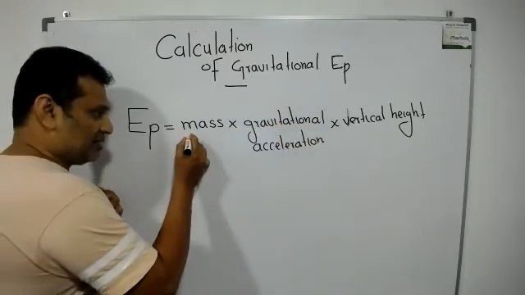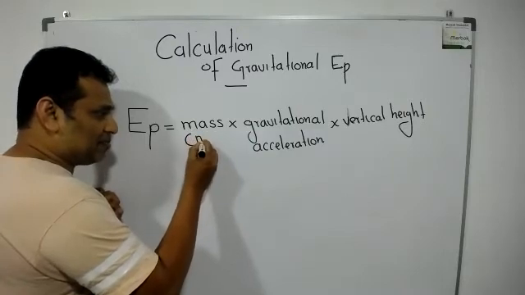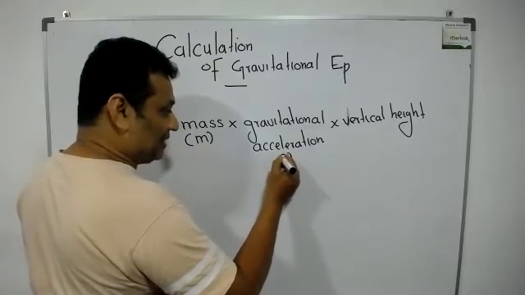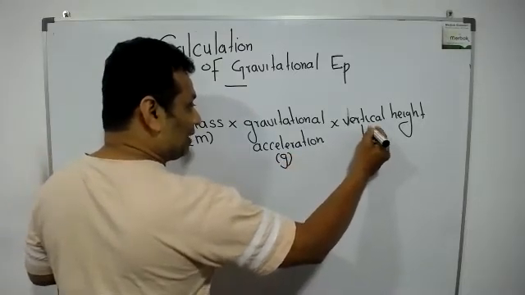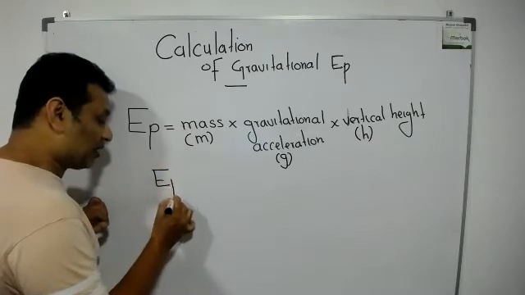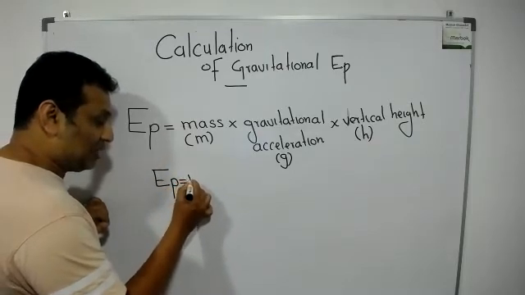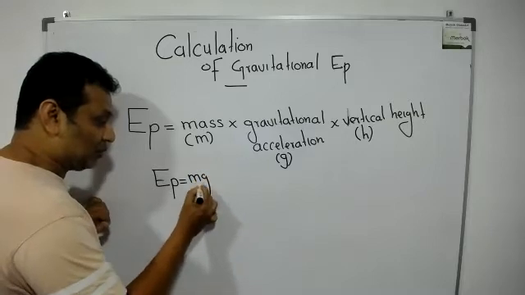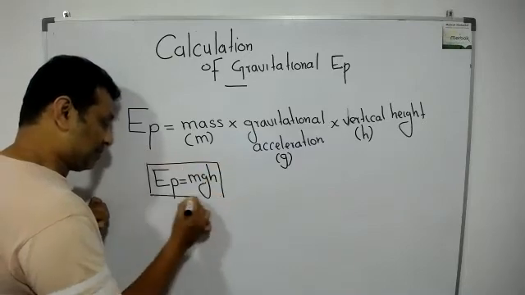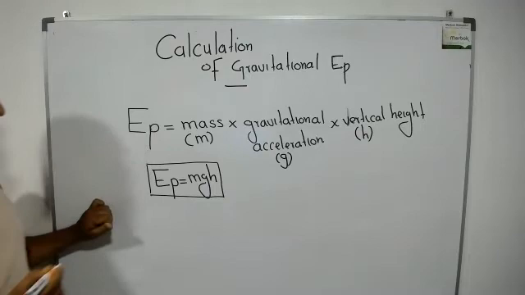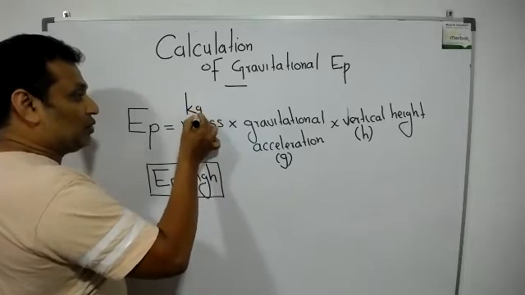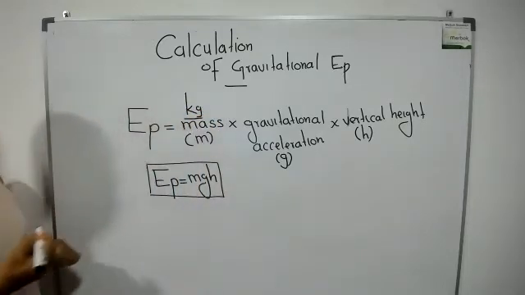We can symbolize mass by simple M, gravitational acceleration by G, and height by H. Then automatically the formula comes as EP equals M into G into H. In this case, the mass you have to use in kilogram.